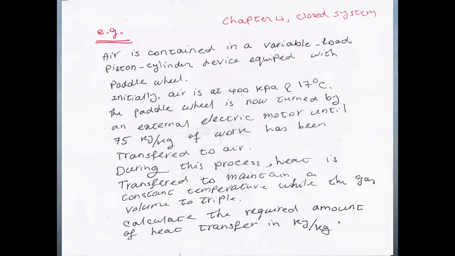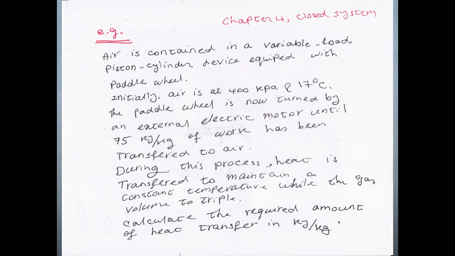Delta E of the system is changing kinetic energy of the system, changing potential energy of the system, and change in internal energy of the system. So delta KE, delta PE, and delta U. What do you say about delta PE and delta KE and delta U?